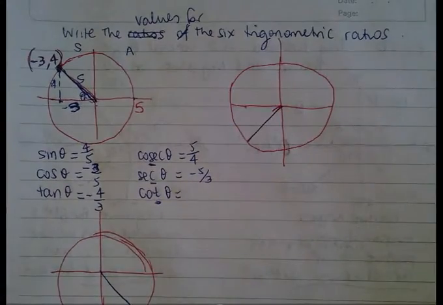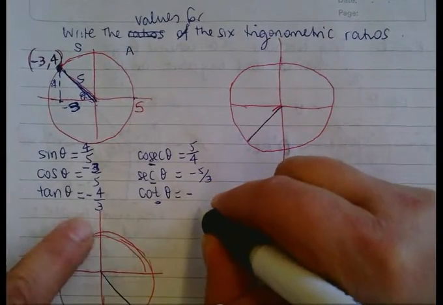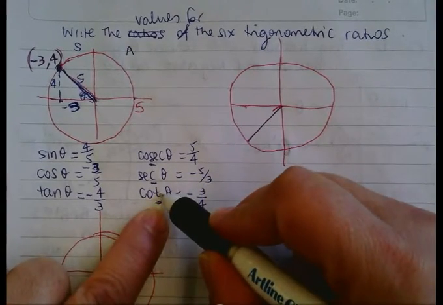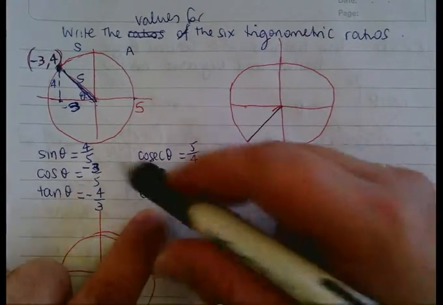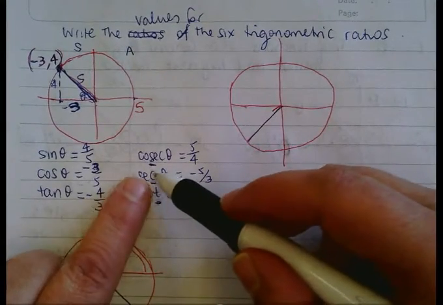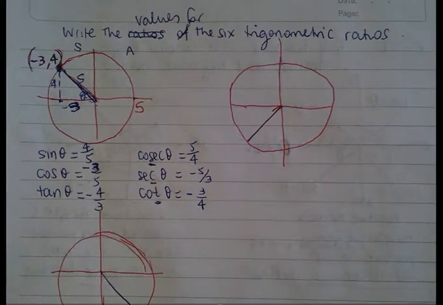Just put the negative out the front. You know what I mean? And cot is negative 3 on 4. So what you do, you look at it and you say T. Tan is negative in this quadrant, so it's negative, and then do your ratio. Sec is the reciprocal of cos. Because cos is negative, so is sec. Because the reciprocal means 1 divided by that answer. 1 divided by your negative is still negative.